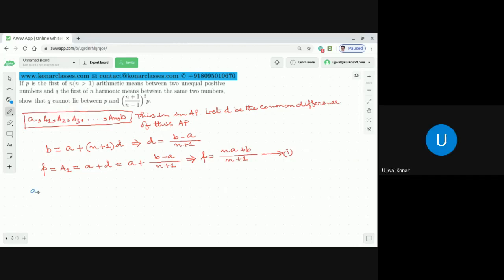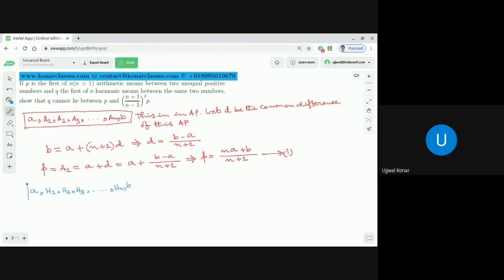It is the same two positive numbers A and B. Then we are inserting harmonic means. How many harmonic means are there? We are inserting, suppose, H1, H2, H3, correct, dear students? In that way, up to Hn, B.